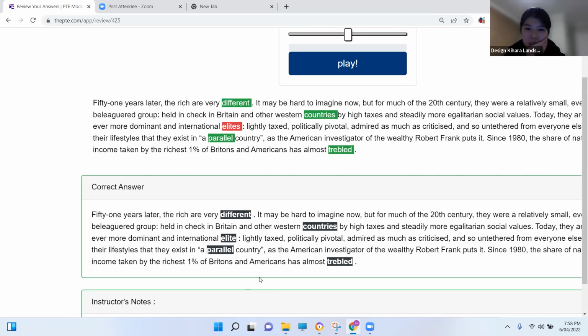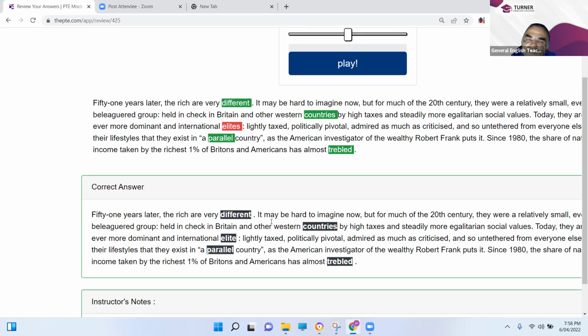Three times, tripled. Oh, that's elite, not elites. But remember, in the test, if it is singular and you write it plural, you will get the point because you still have this bit here. But mine is very harsh.